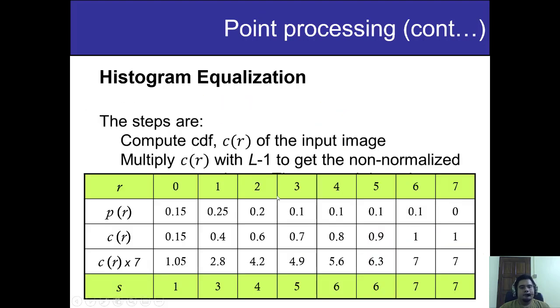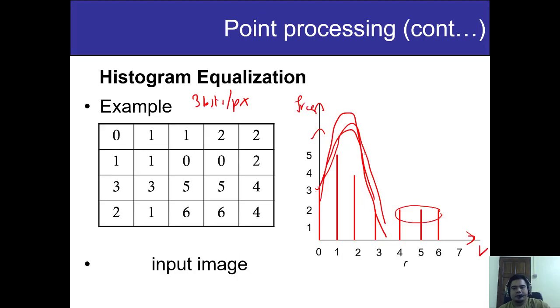And then get the PR. Of course, this one is 0. I already drew that before. Remember, 0 is to get the first probability distribution function, which is this one.